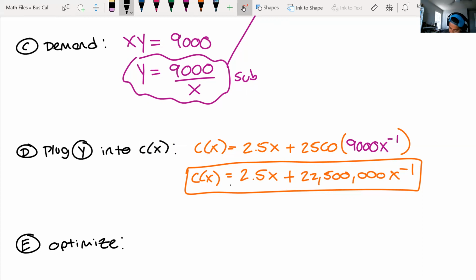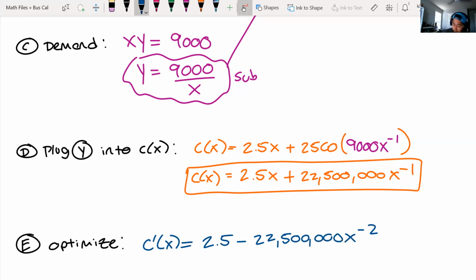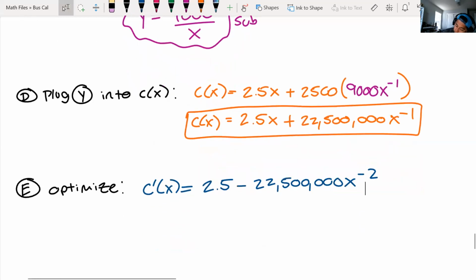And go blue. C prime of X gives me 2.5 minus 22,500,000 X to the negative 2. Set it equal to 0.